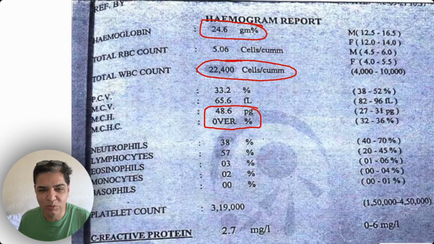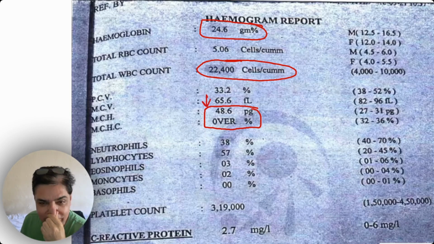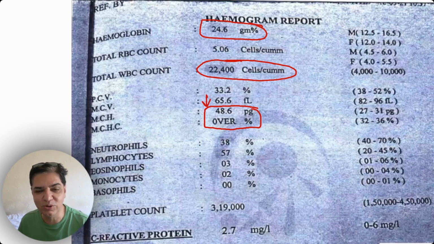With such a high hemoglobin, the MCV is low. Look at the MCV. Yeah, it's low. Doesn't make sense. If you've got such a high hemoglobin, why would your MCV be so low? And then your mean corpuscular hemoglobin is quite high. MCHC is so high that it is not even readable.